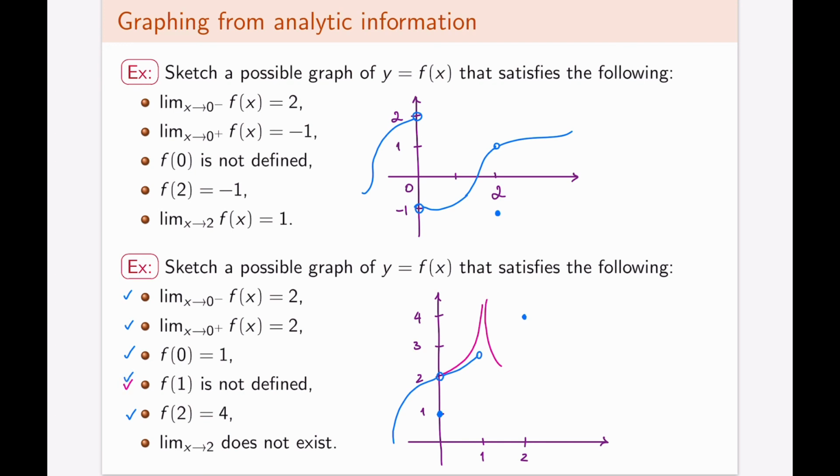And finally, I have that the limit at 2 does not exist. So while the function is defined at 2, the limit there does not exist. So maybe I extend it and have a hole here at 2, and then have my function not go on the right-hand side. Okay, so that way, on the left of 2, it approaches whatever value this is, but on the right of 2, there is no function to talk about whatsoever.